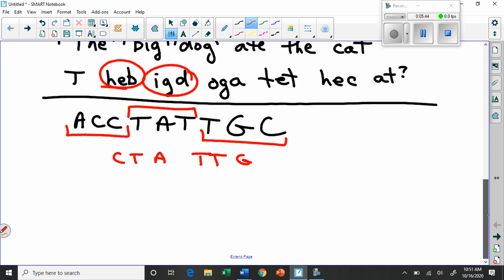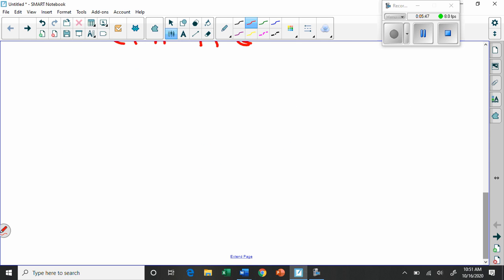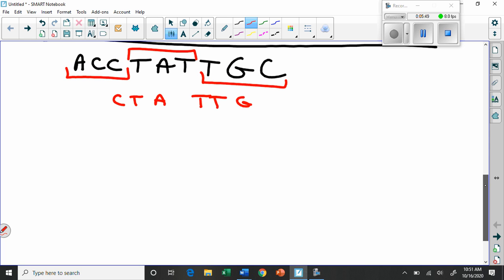Now, what we've been able to do is take a piece of DNA, and it took a long time, but we were able to figure out what each set of letters stands for. And it turns out that each group forms what's called a codon.